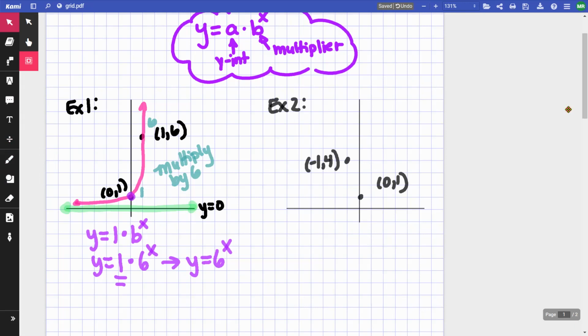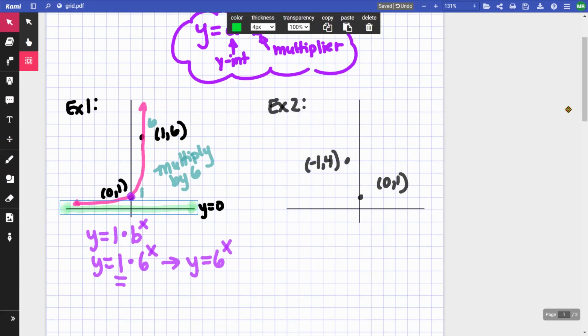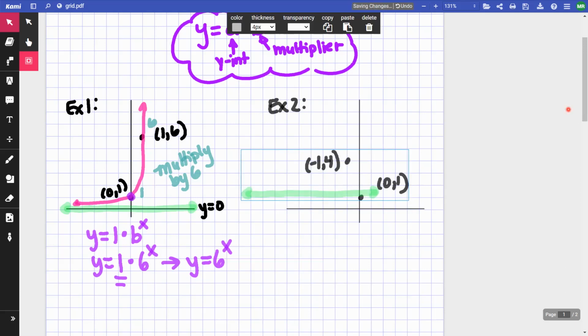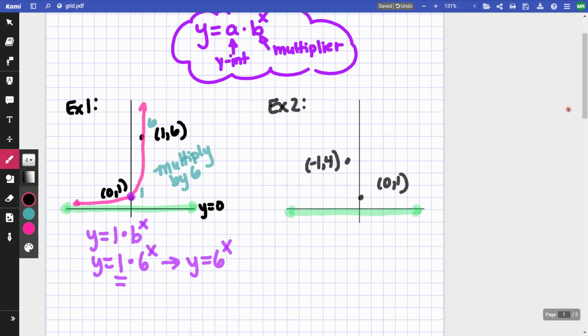Now, again, the asymptote is going to be at y equals 0.